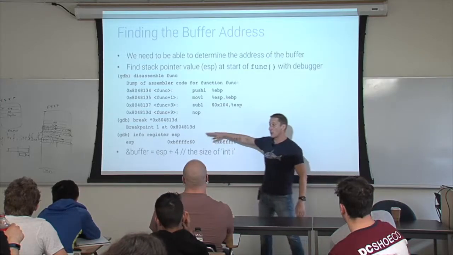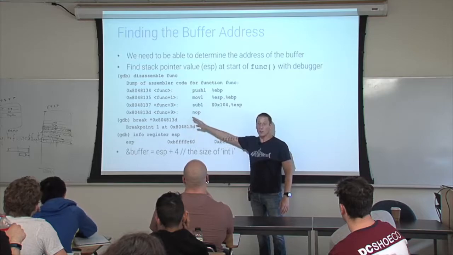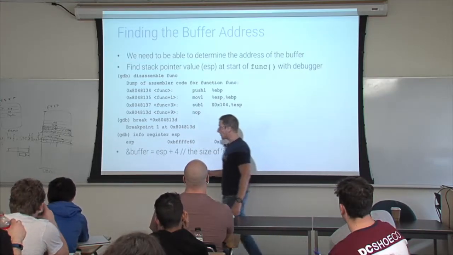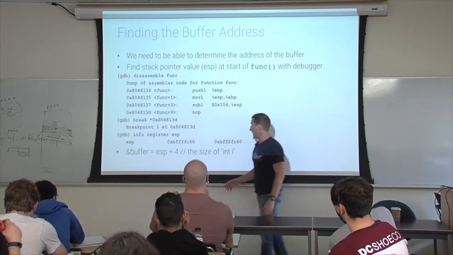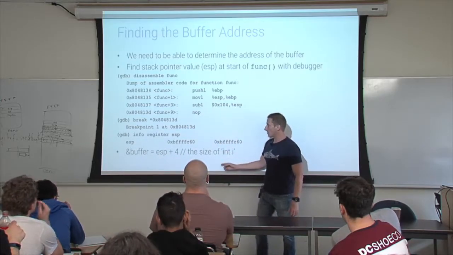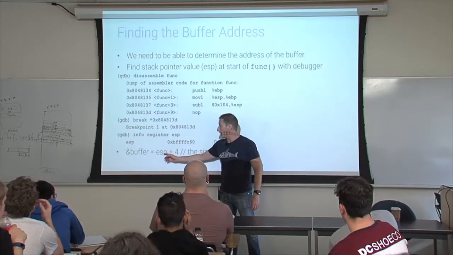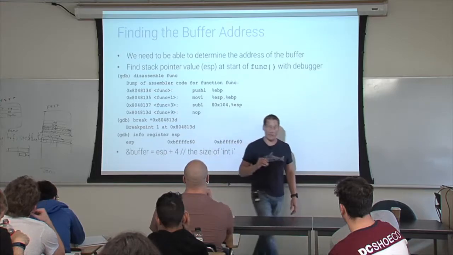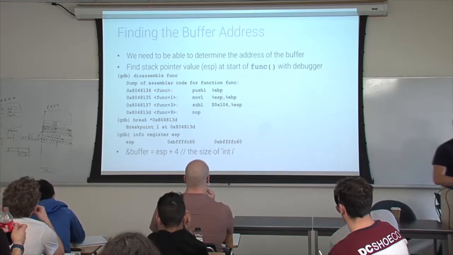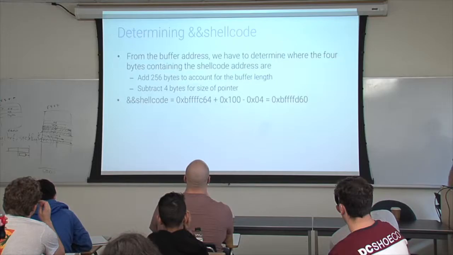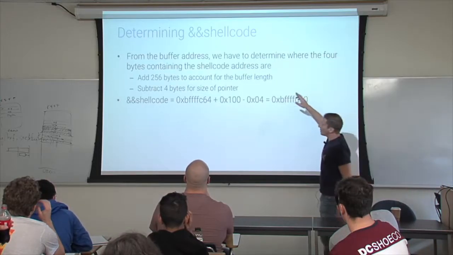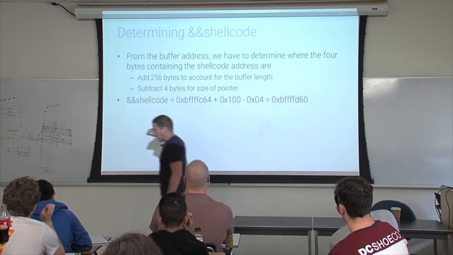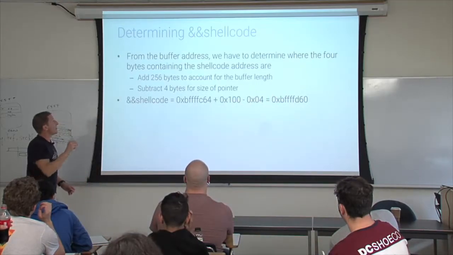Okay? You will be familiar with using the debugger quite a bit. So the address is going to be the current stack pointer plus 4. That's where my buffer starts. Great. So at this point, we have to determine exactly the address of the address.